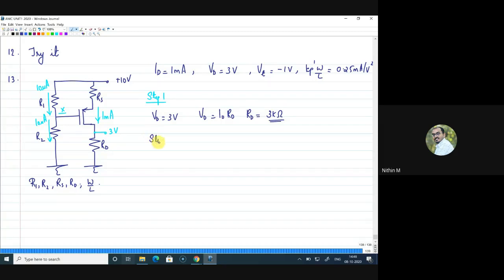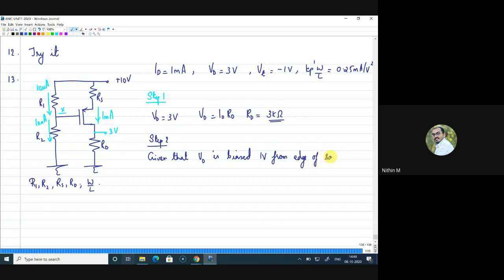Now we will go for step 2. But in step 2, we will take the statement given in the question. What is given? Given that VD is biased 1 volt from the edge of saturation.